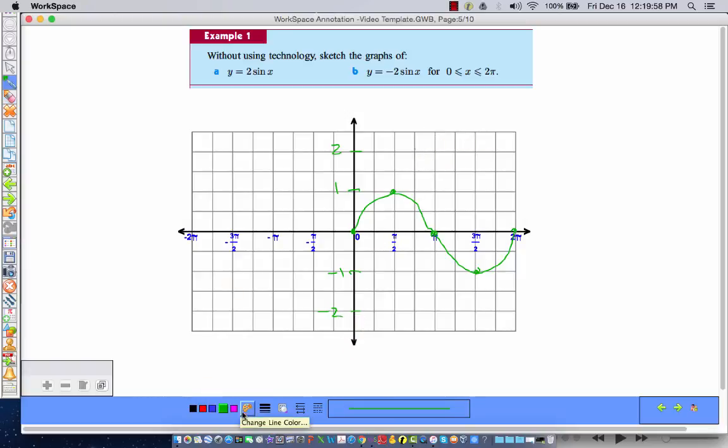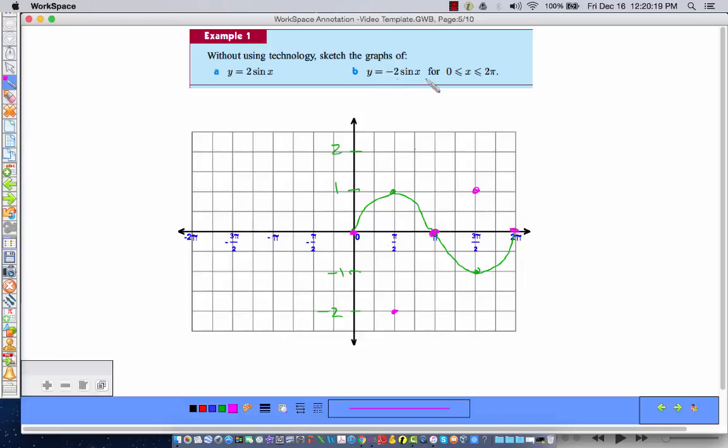So let's think about negative 2 sine x. I'm going to multiply everything by negative 2. The y coordinate here is 0, and negative 2 times 0 is 0. The y coordinate here is 1, and negative 2 times 1 is negative 2. Then 0. Negative 2 times negative 1 is positive 2. Well, we should know this.